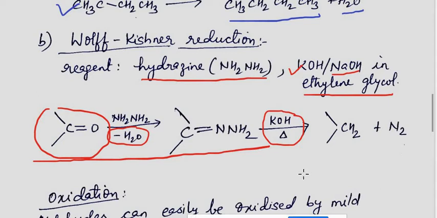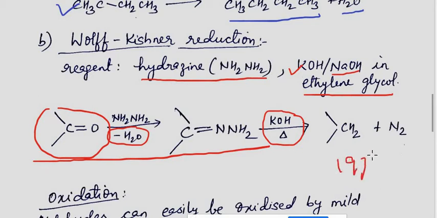Now in your book a term is used over here that the hydrazone formed reacts with potassium or sodium hydroxide in a high boiling solvent. High boiling means that we need a solvent whose boiling point is high. Ethylene glycol has a boiling point of 197 degrees Celsius.